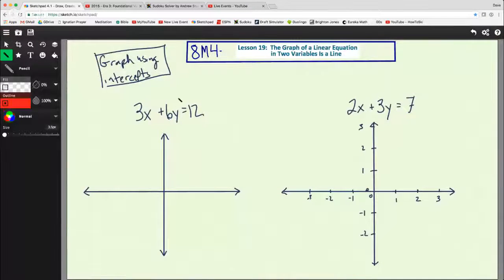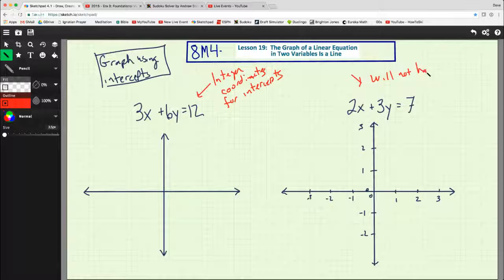Here we go. So we're going to graph using intercepts. This one is going to have whole numbers, or integer coordinates for the intercepts. And this one will not have integer coordinates.